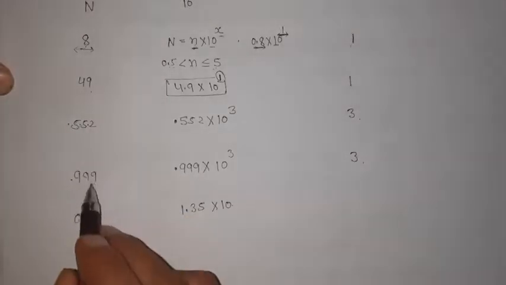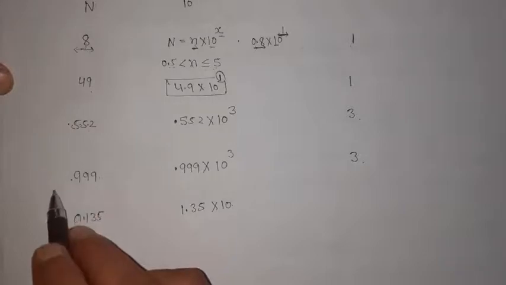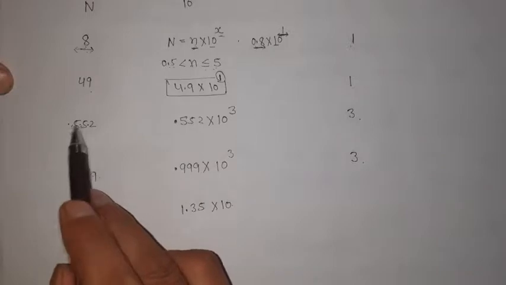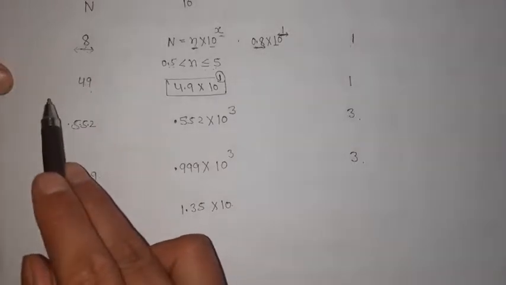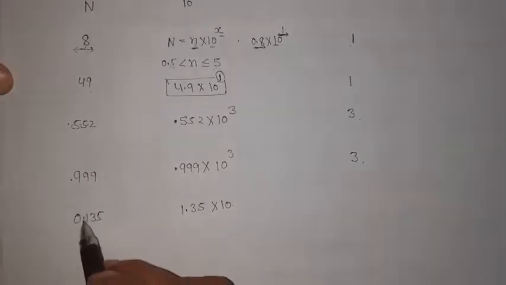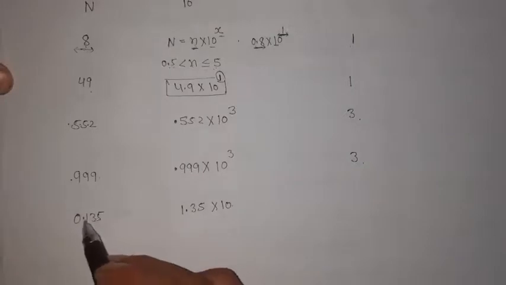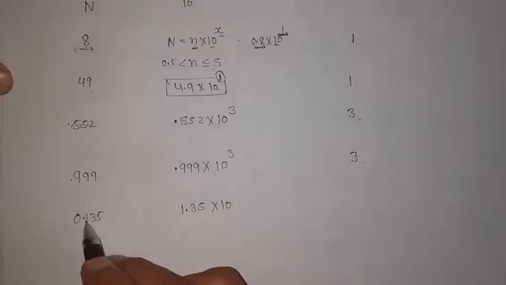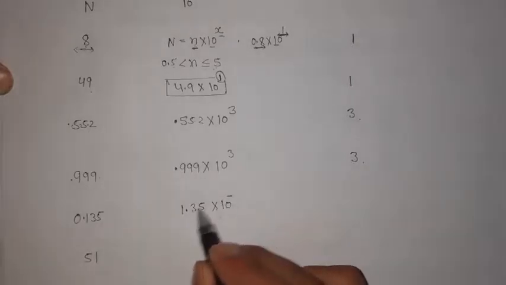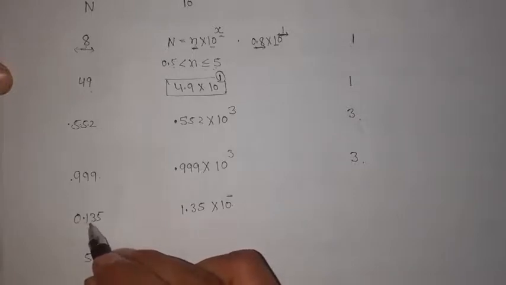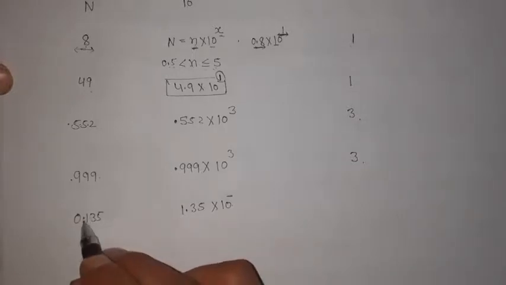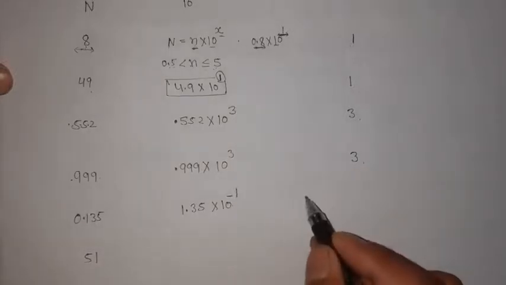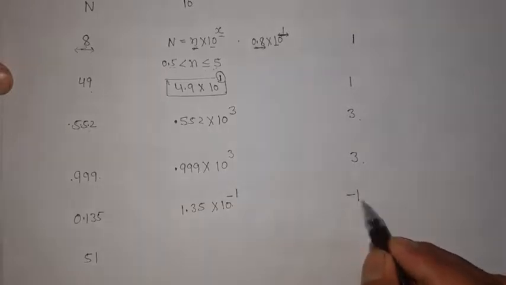In the previous example we were taking it towards the left, so that time we were adding zeros. Here we are removing the decimal, moving it one digit to the right. So thus we will take the negative power and it will come out to be -1.